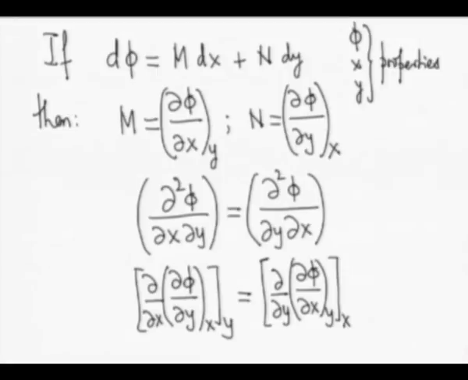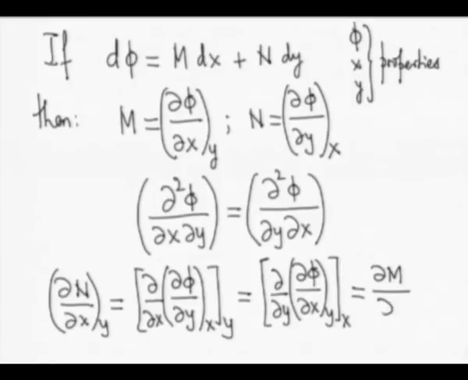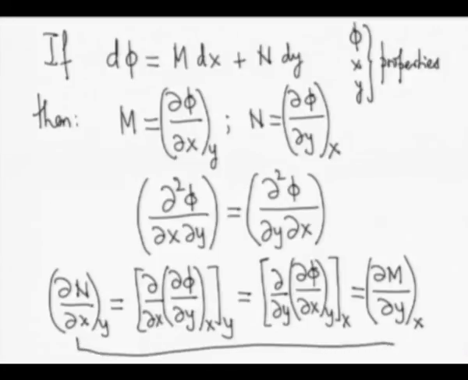But what is this? Partial of phi with respect to y at constant x is n. So this will be partial of n with respect to x at constant y, that should be equal to partial of m with respect to y at constant x. Note this link we will be using quite often, and certain surprising and major relations will be derived using this.